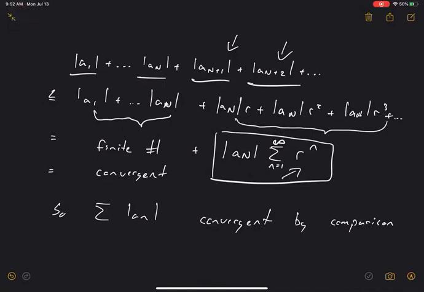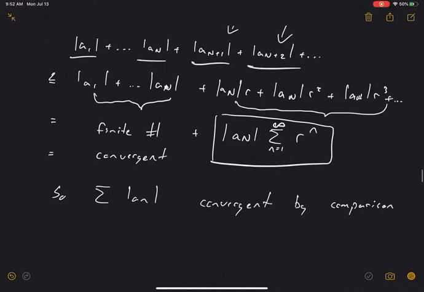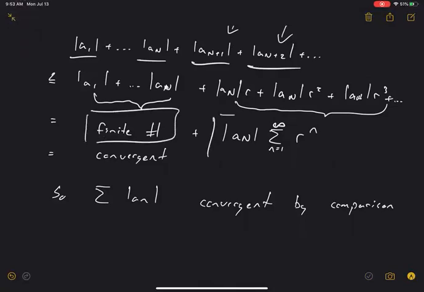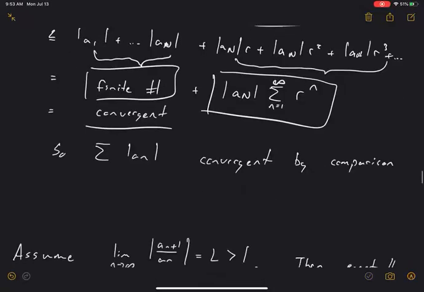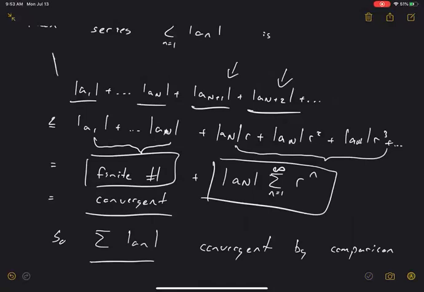So that's a convergent geometric series. So we have a finite number plus a convergent series, so that's going to be convergent. So we see that the series of absolute value of a_n is convergent by comparison, because our original series is less than or equal to that convergent thing.